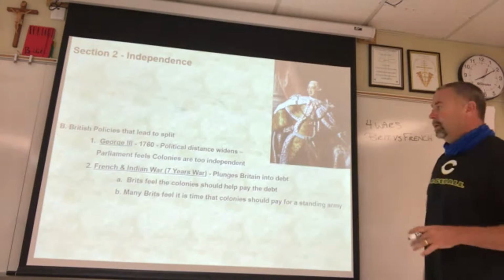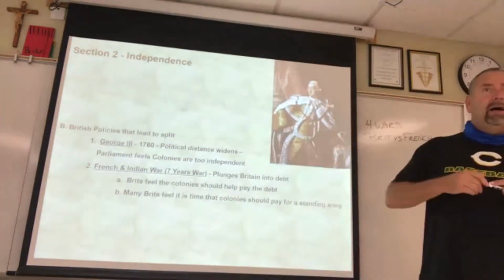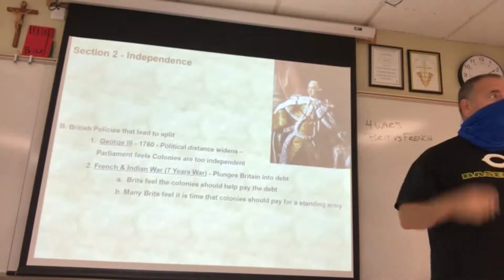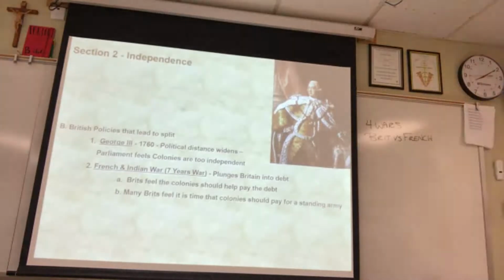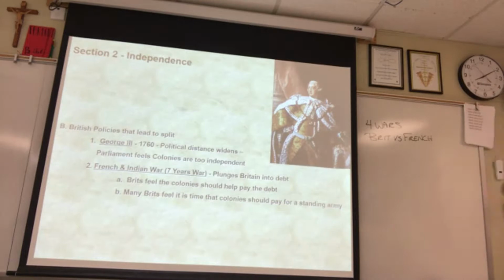Do you remember how this war started? Who we competed with the French for that? It was actually our very own George Washington. I don't know if you remember the story about how George Washington was sent out into the wilderness to do some mapping.